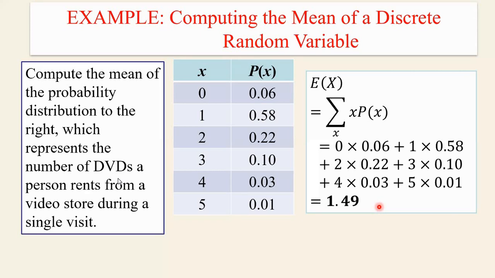Because other people cannot understand if you just say the expected value of the random variable is 1.49. So how can you explain this value?